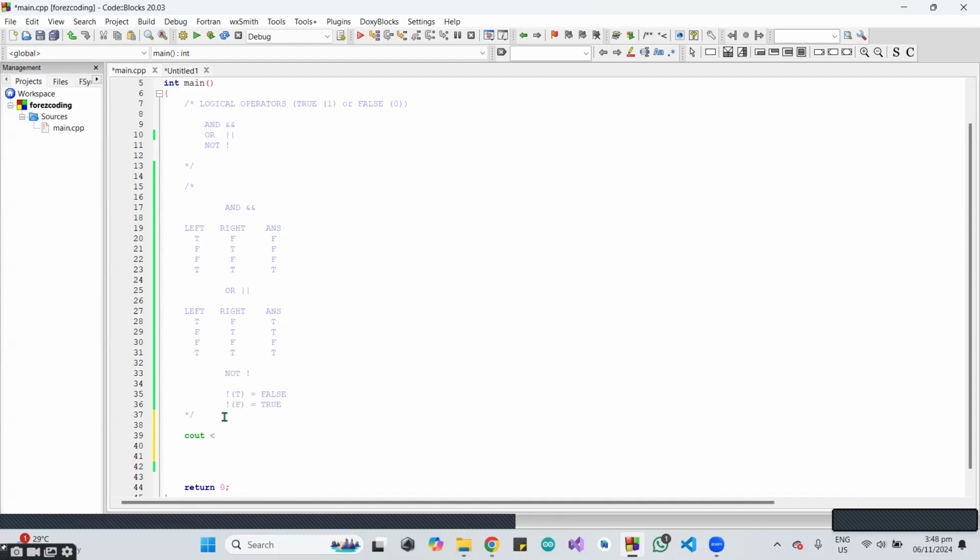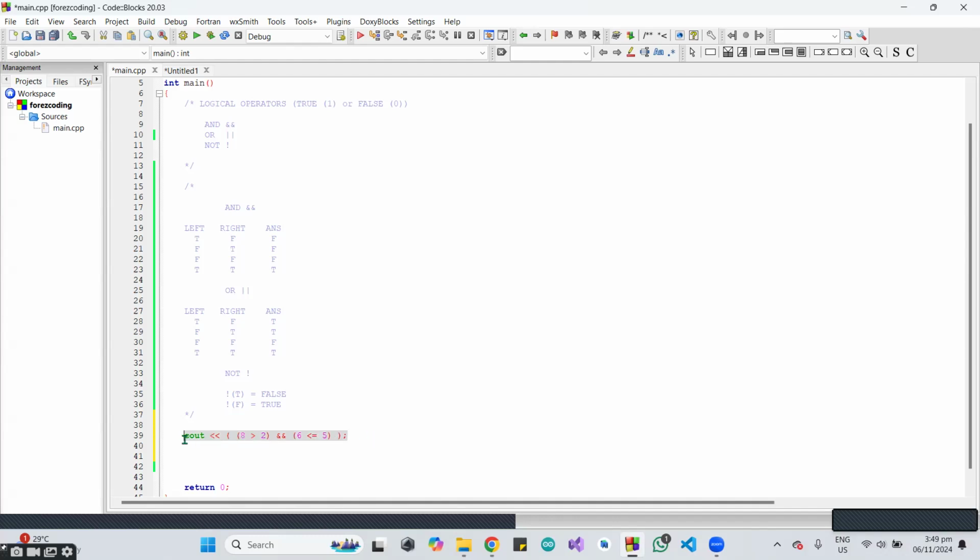outcome. So let's have here, for example, parentheses, and then we have the equation here for the left operand, and we have the AND logical operator, and here the right operand. For the left operand, you have the value 8 is greater than 2. And for the right operand, 6 is less than or equal to 5.